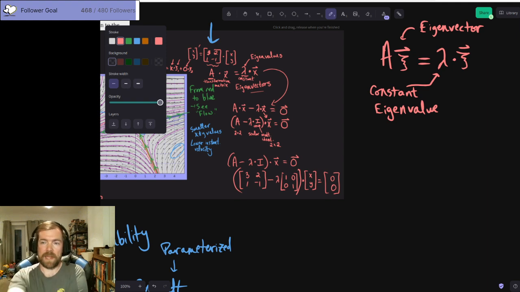So A is our transformation matrix. We want to transform Xi, but every time we try to do that, it ends up just being a constant multiple of itself. So we say, this is really cool. These are these particular steady state vectors, and how do we go from here?